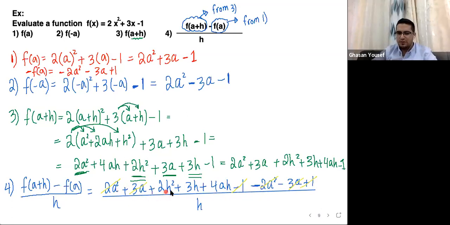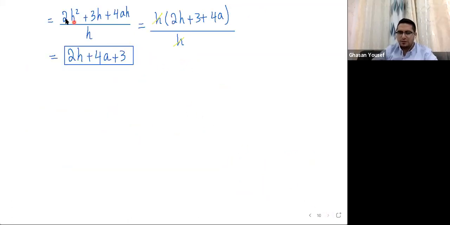The only thing left is 2h squared plus 3h plus 4ah, everything over h. Now we factor the numerator by h, and the h with the h cancel each other. So I get 2h plus 3 plus 4a, or 2h plus 4a plus 3, the same thing.